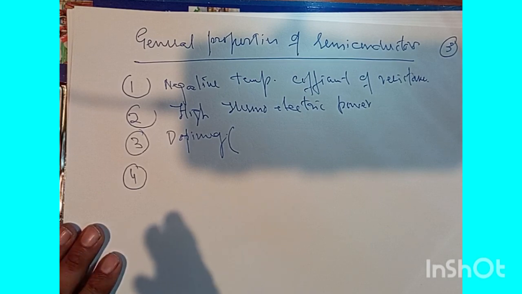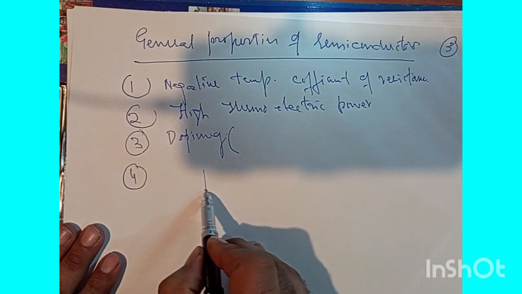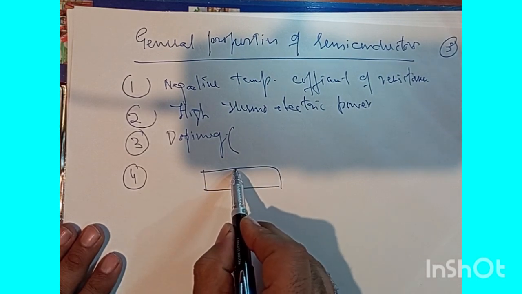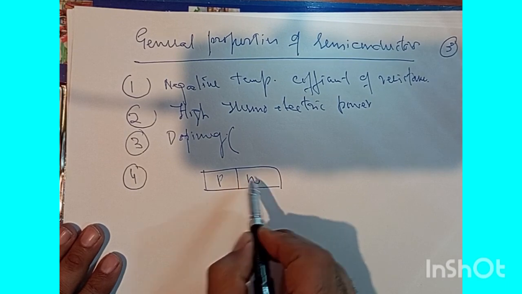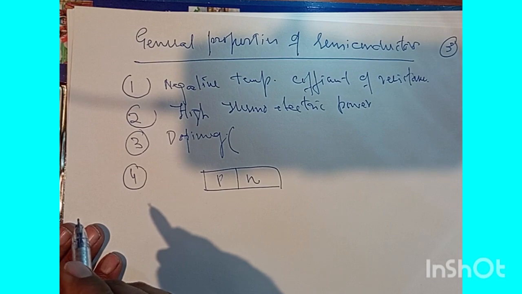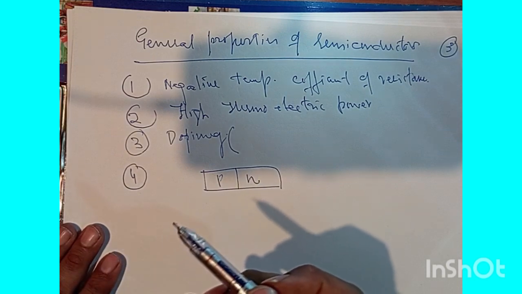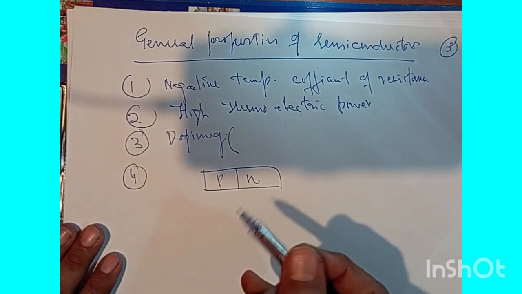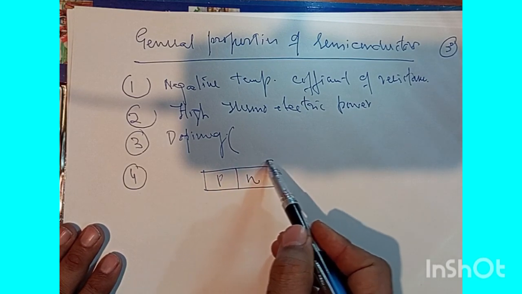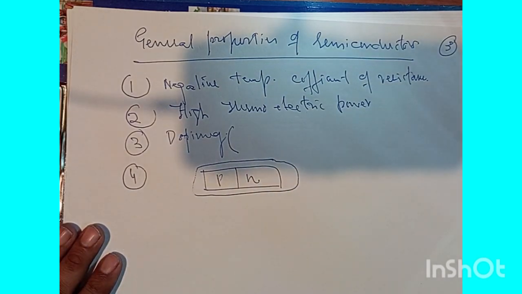When we have a P material and an N material, we can make devices based on composites made of two different types of extrinsic semiconductors.